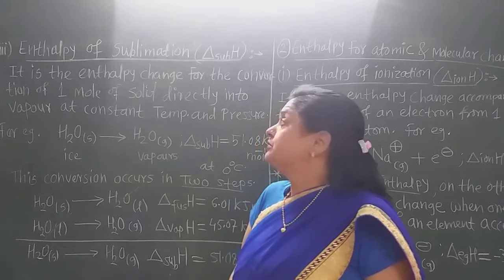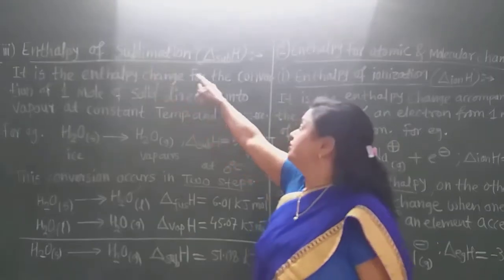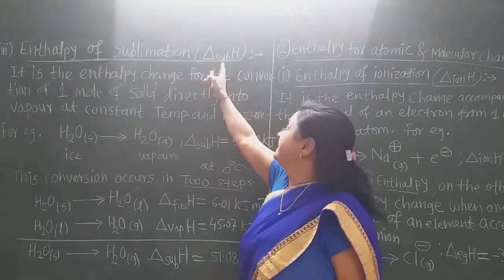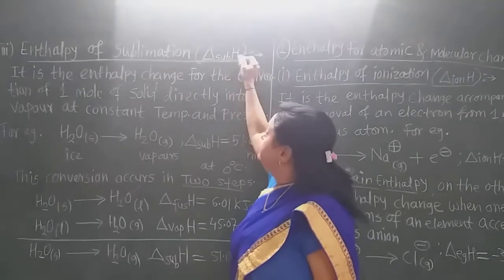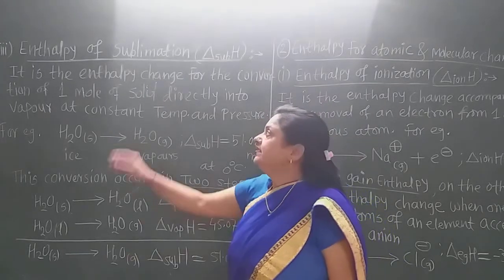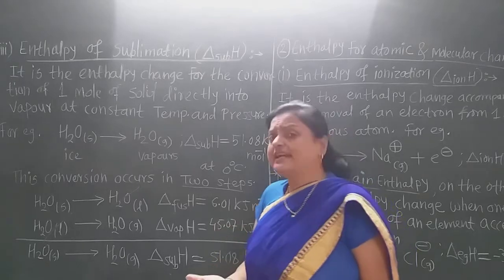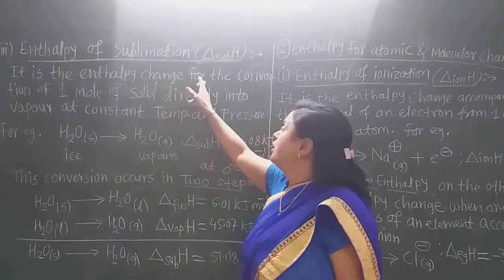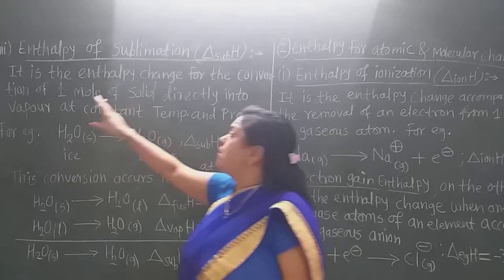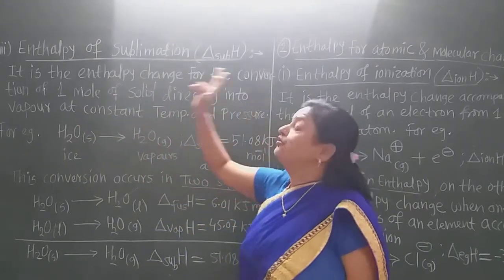So the enthalpy of sublimation is denoted by the sign delta sub H, delta sublimation H. Now how is it defined? It is nothing but the delta H, the enthalpy change for the conversion of 1 mole of solid directly into vapor.